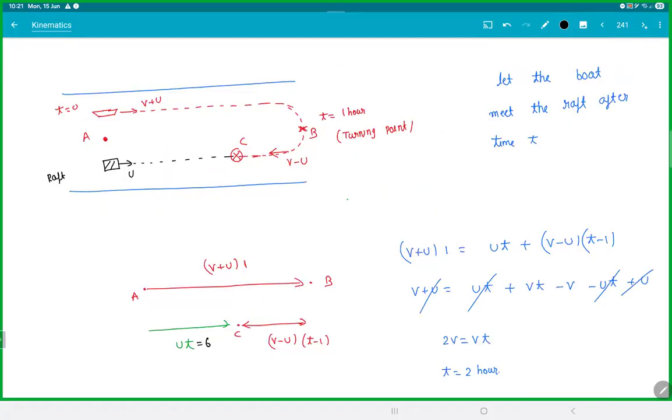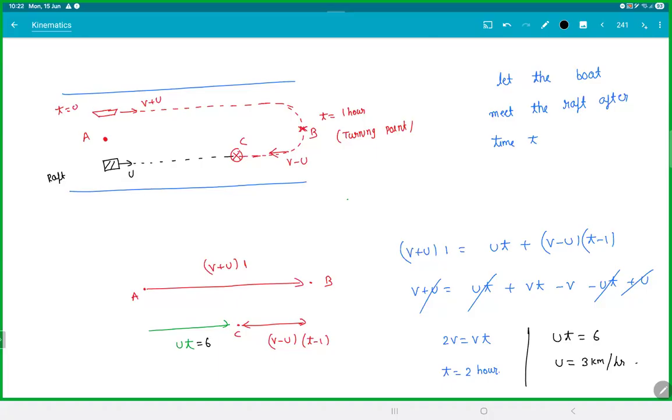If ut was 6 and t was 2, u was 3 kilometers per hour. Is this making sense? Isn't it simply distance and those formulas? You only need to know that the boat going downstream is v plus u and coming back is v minus u. Once you know that, you can draw a picture and finish it off. Is this making sense?